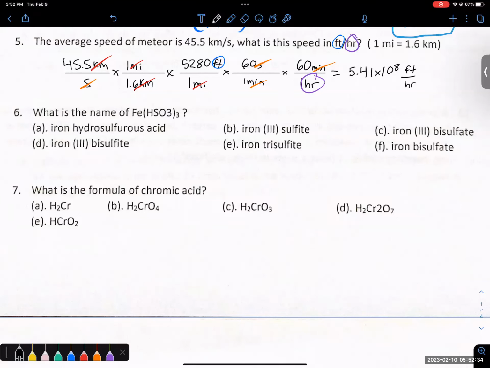Hey, I have a quick question on that last one. How did you... I messed up because I didn't put the seconds under it like that, like a denominator. Yeah, so it's important that when you have 45.5 kilometers per second, that means it's in the denominator. So some people, you may see it written like kilometers per second. It's literally the same thing.